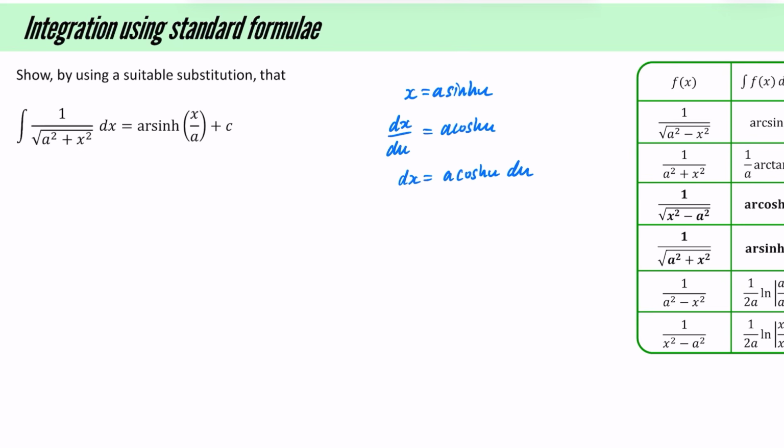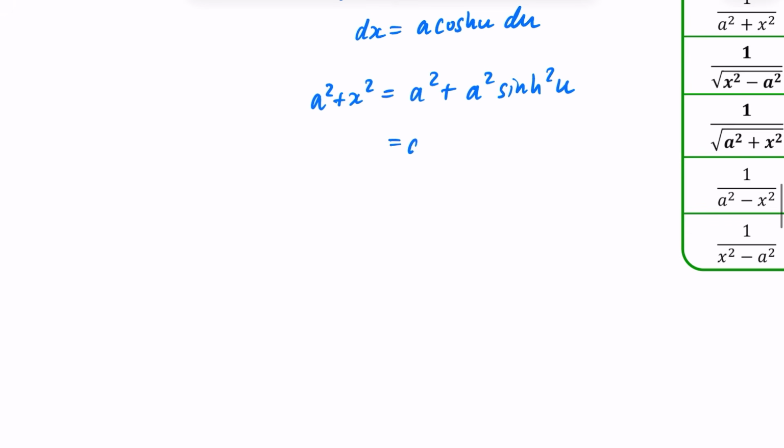And I'm going to try and build up now this a squared plus x squared thing. So if I do my a squared plus x squared, I will have a squared plus the x squared part is a squared sinh squared u. Factorising, this is a squared times 1 plus sinh squared.